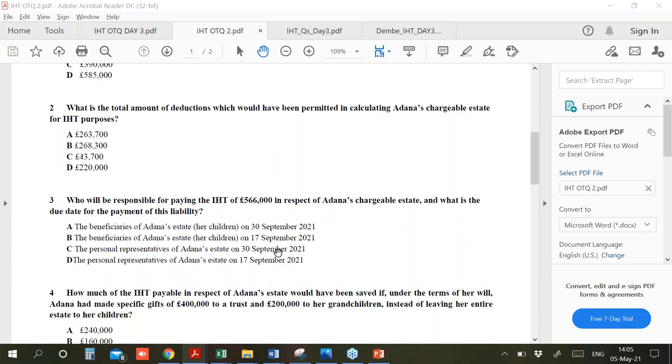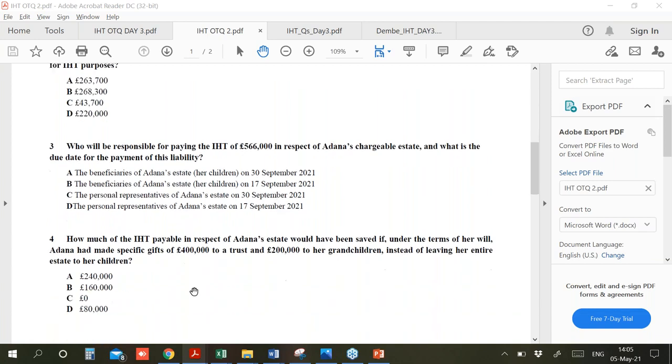Now, how much of the IHT payable in respect of Adana's estate would have been saved under the terms of her will? Adana made specific gifts of 400 to a trust and 200 to her grandchildren instead of leaving her entire estate to the children.